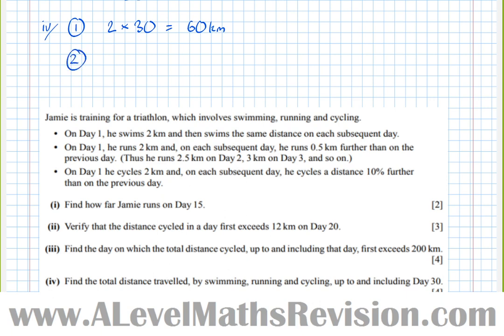Sequence 2, using the formula S30 equals a half n times 2a, and in this case a is 2, the first term of the sequence, plus n minus 1 times the common difference between terms, which is 0.5.